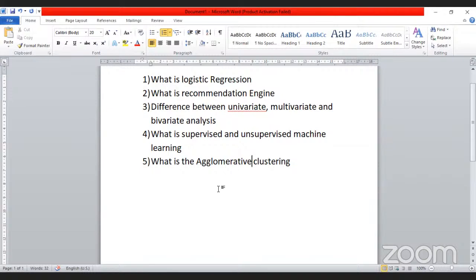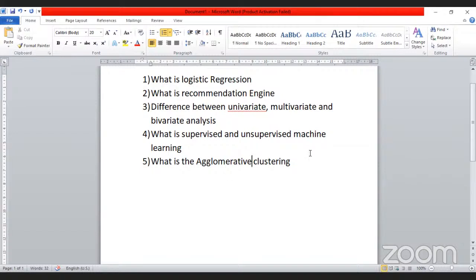Means if we have 50 data points, then in agglomerative clustering, we will consider that as 50 clusters. On the basis of those 50 clusters and their similarities, we will join the data points until only one cluster is formed. That is agglomerative clustering.